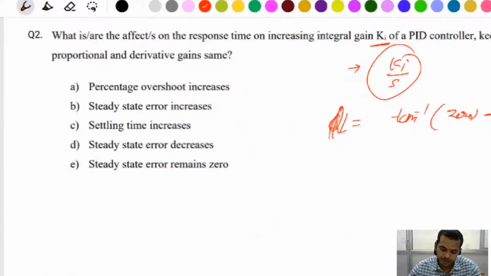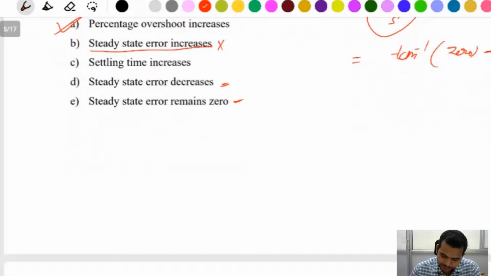The phase margin will increase. So sorry, the phase margin will decrease. That's why peak overshoot will increase, and settling time will increase. Steady error will decrease. This one and this one, 0 or decrease. Two options are also given here.